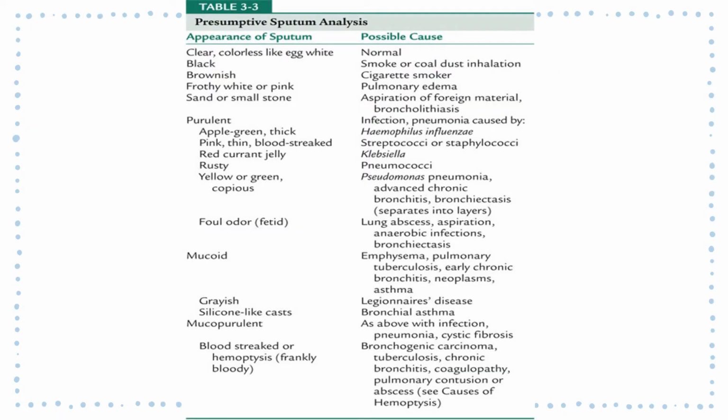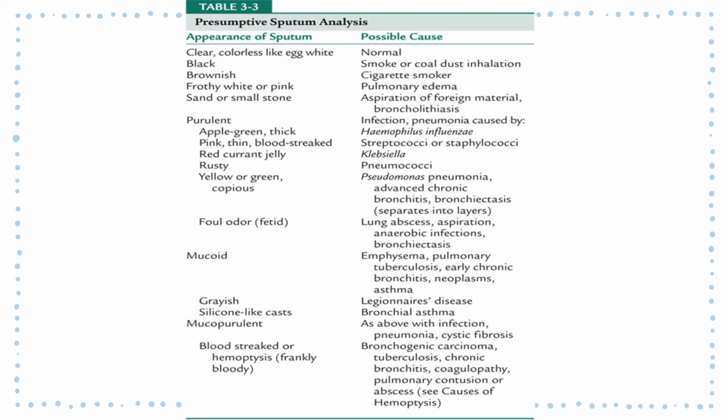This is out of chapter 3 again, talking about some of the different colors of sputum and what they could possibly indicate. One of these that I know for absolutely sure is your purulent apple green thick sputum.